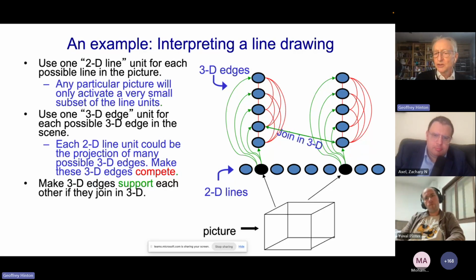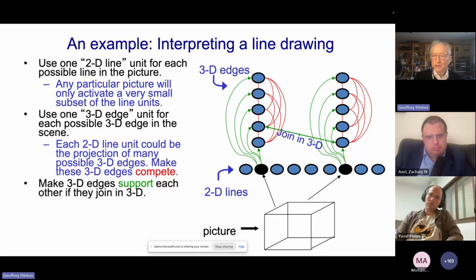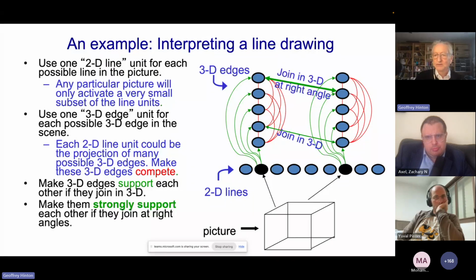Suppose those are two lines that actually join in 3D. Then we'll put a positive connection between them. They should support each other. And there might actually be two lines that join in 3D at a right angle. Then we put a big positive connection because we like to see right angles. So there's two lines that join at a right angle. We'd really like those two lines to be active together.